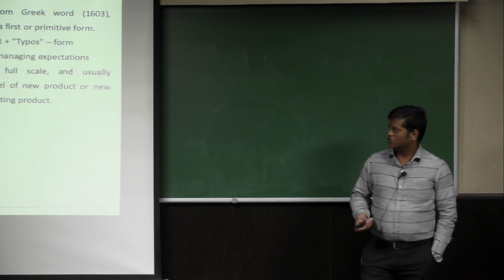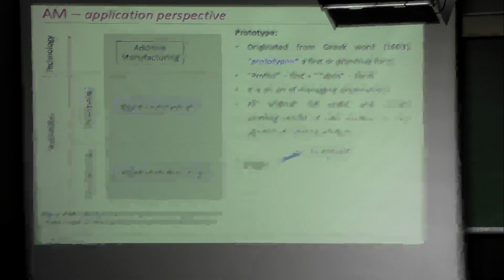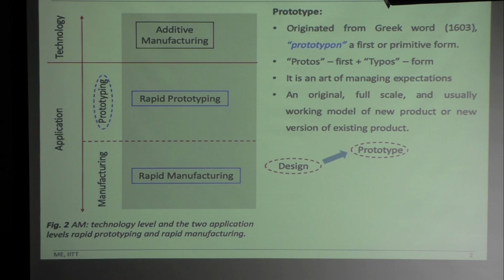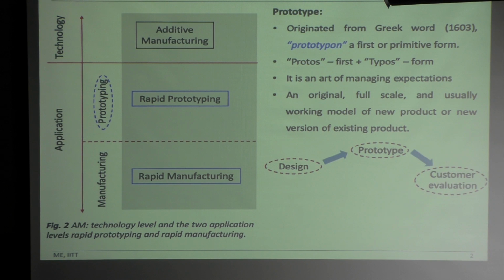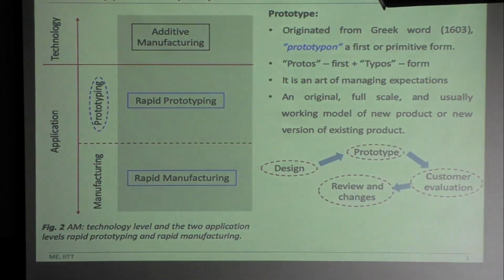In a typical product development, a new product development starts with the design and then formation of the prototype. Once the prototype is made, it is evaluated by the designer, and it can also be sent to the customer for evaluation. The customer gives reviews and proposes any changes.